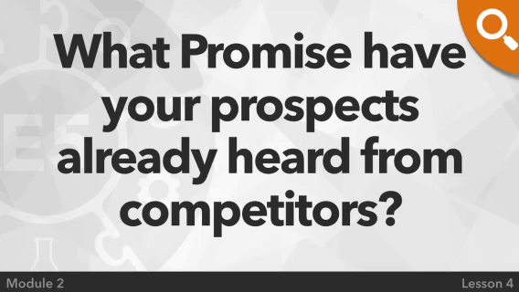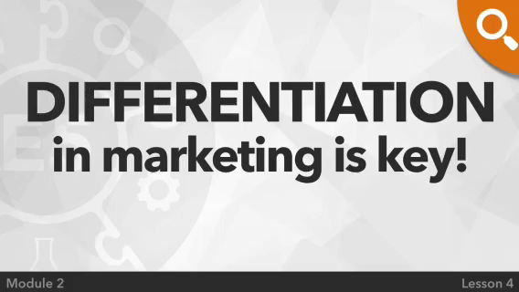The reason why this is so critical is because differentiation in marketing is key. You need to have something different and unique to say to your market in order today to get attention and generate engagement. And so it's critical that you understand where on the promise exposure spectrum your prospects fall.